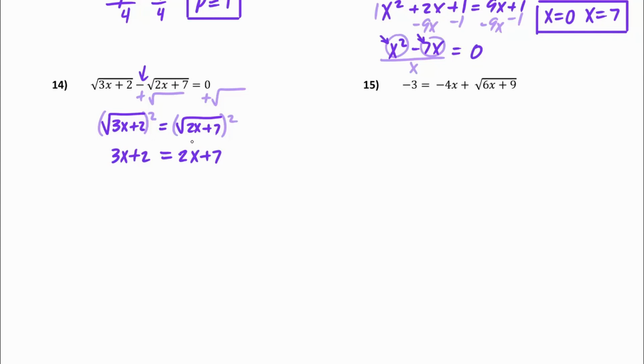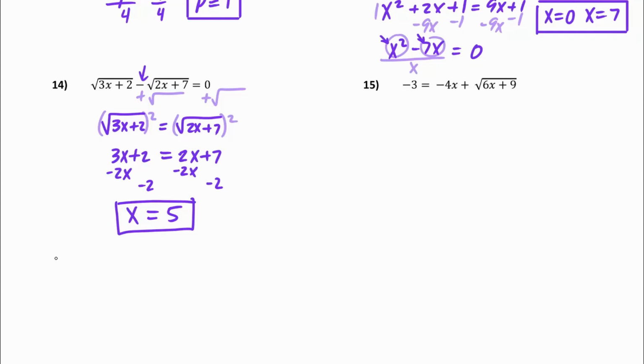This hasn't gone to a squared power yet, and I don't think that it will, because subtracting 2x and then moving the 2 across leaves us with 1x equals 7 minus 2 is 5. We don't really need to check this because we did not introduce a higher degree into our problem. We don't have the possibility of having fake answers sneaking in. Hopefully you guys are catching on and that makes sense by now.